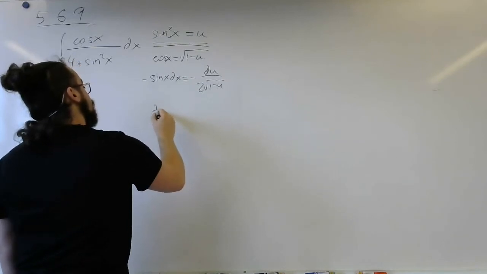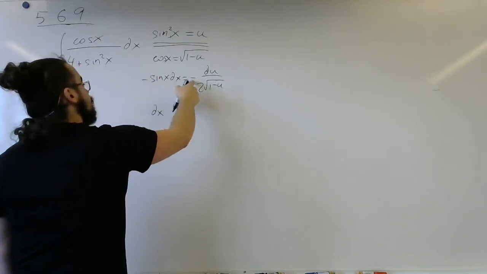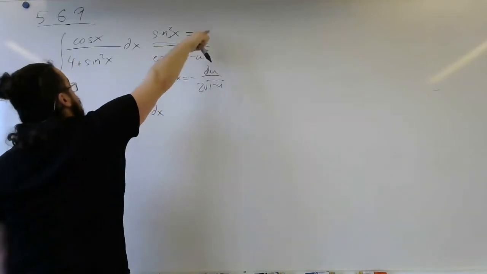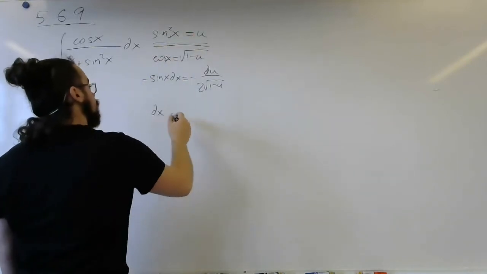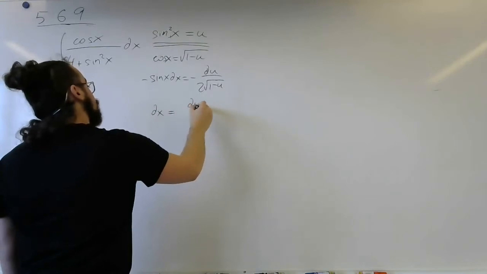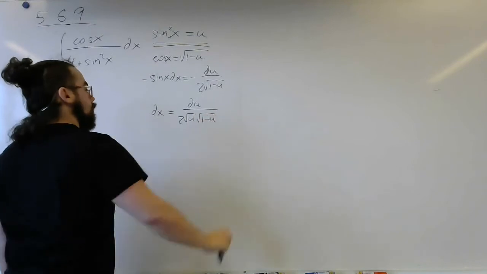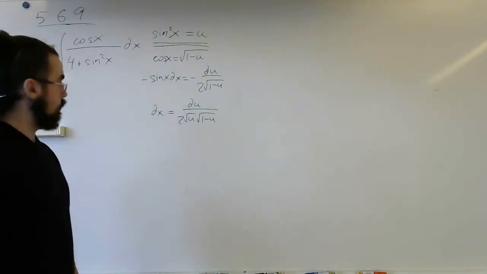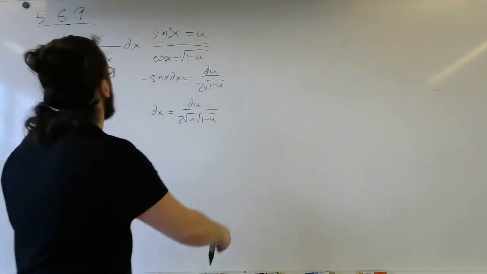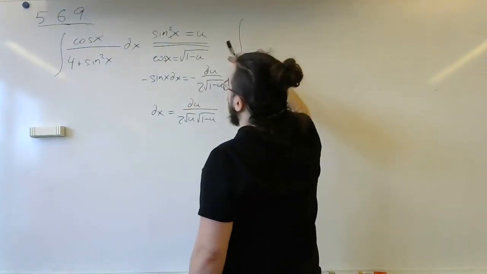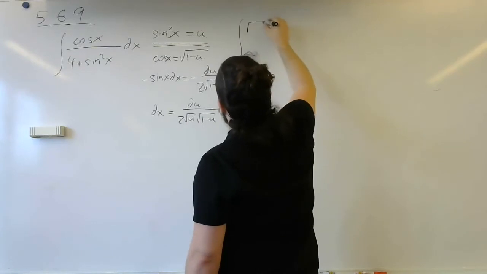And so dx, this cancels here, and this sine x is the square root of u. Okay, it looks bad, but it could be worse. So let's see what we have here. We have the square root of 1 minus u.